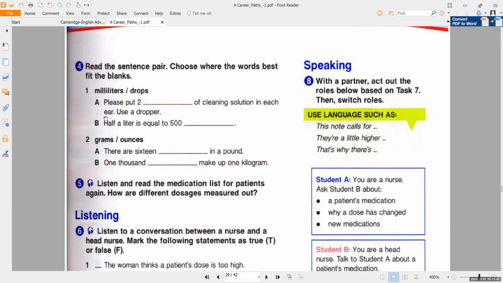So number 1, please put 2 drops of cleaning solution in each ear. Use a dropper. Because we are talking about the ear, we have 2 drops. Number B, half a liter is equal to 500 milliliters.